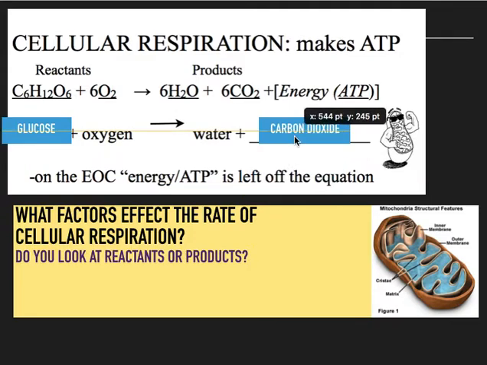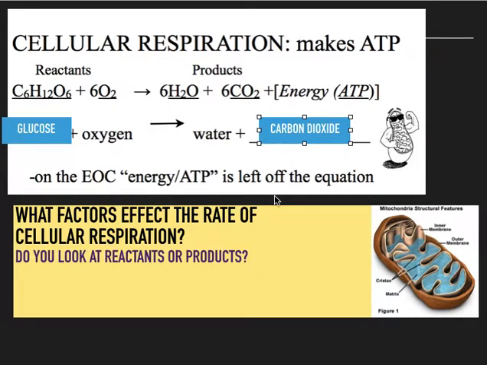CO2. This is the carbon dioxide. And then it also makes energy or ATP. So a lot of times, again, your exams will leave the word energy off, or ATP, and we'll talk about why in just a moment. So here's our little mighty mitochondria doing his little muscle pump.